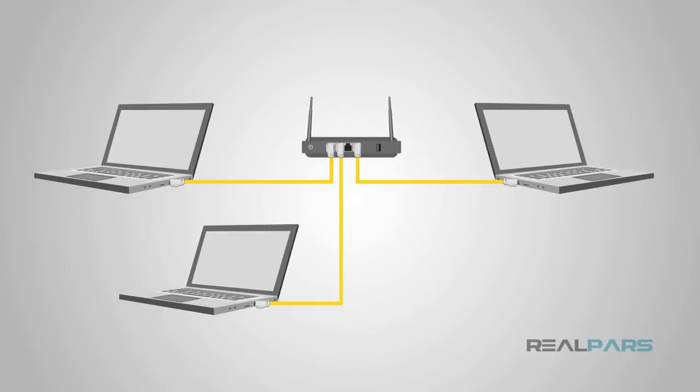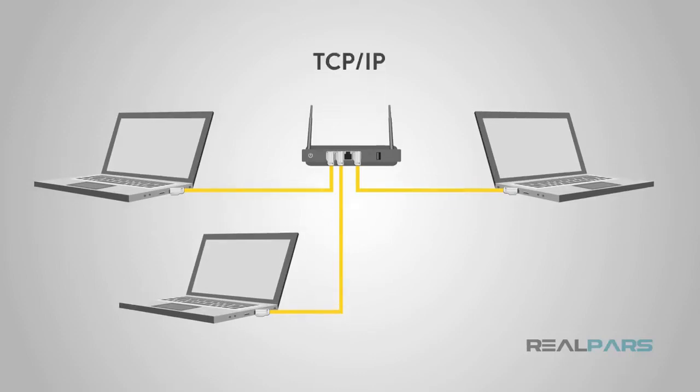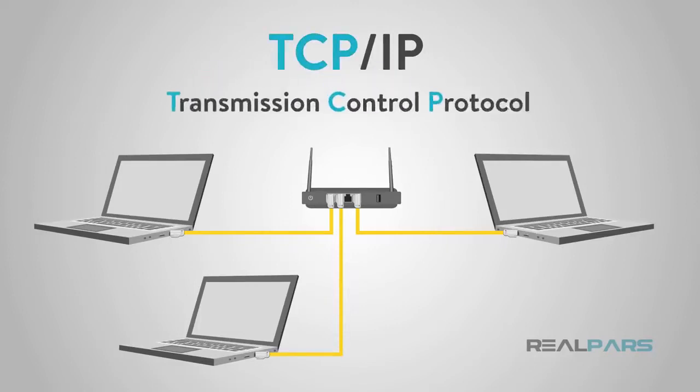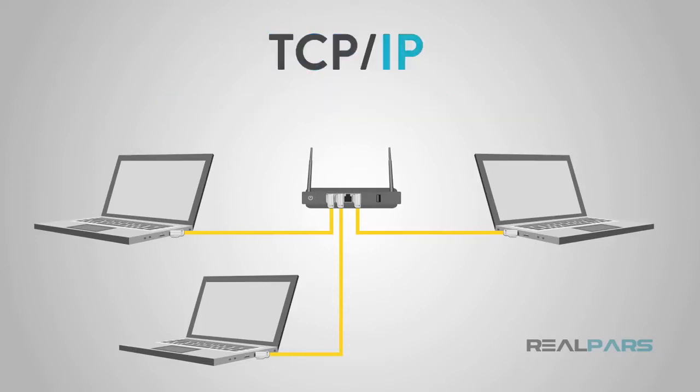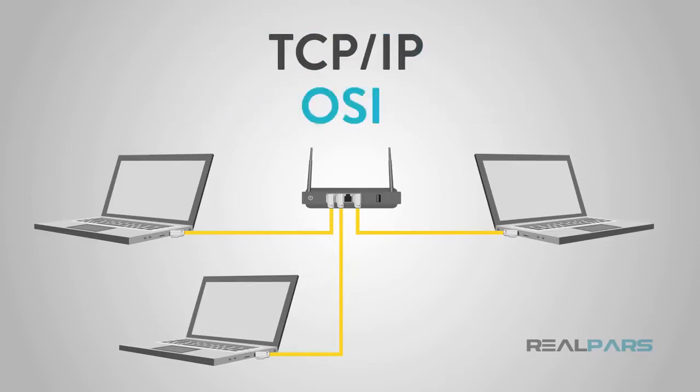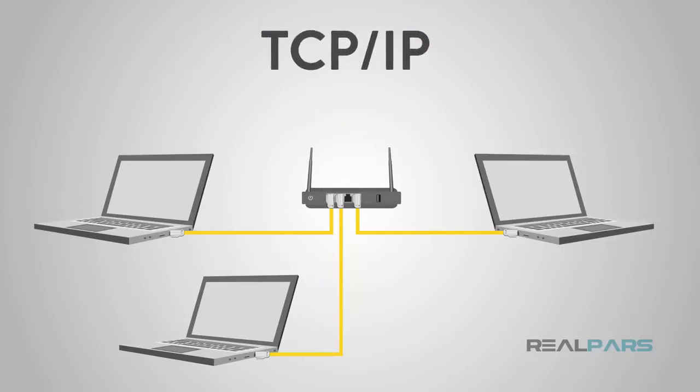One of the most commonly known protocols is the TCP/IP protocol. This protocol is widely used in Internet connections. The term TCP/IP relates to TCP, or Transmission Control Protocol, where the IP is Internet Protocol. There are other protocols, such as Open System Interconnection, or OSI, but for simplicity's sake, let's stick with TCP/IP for now.